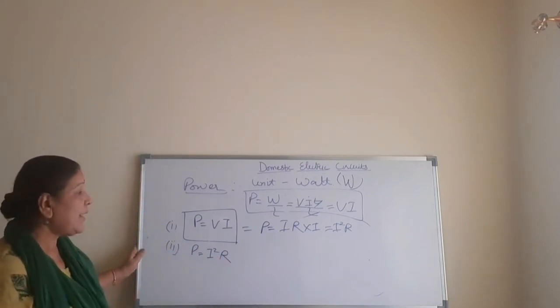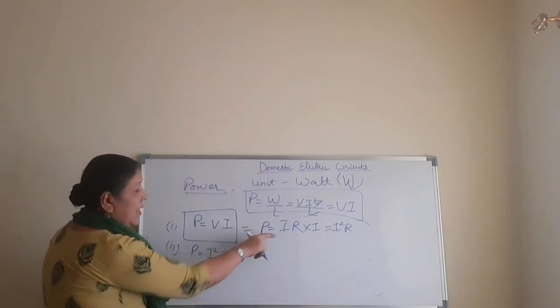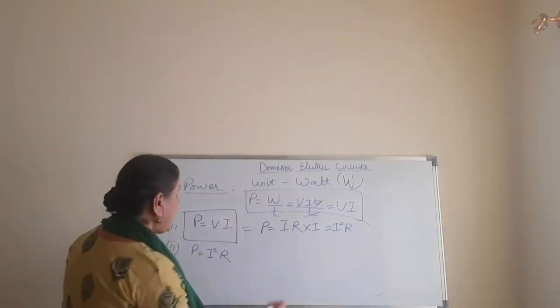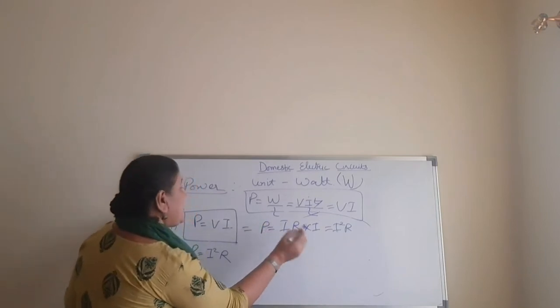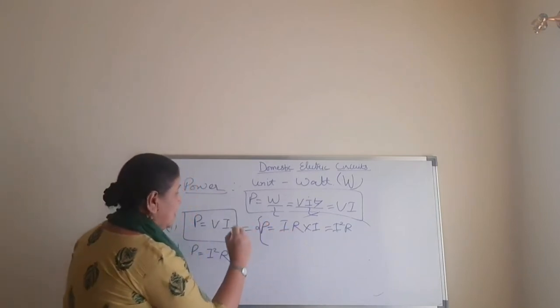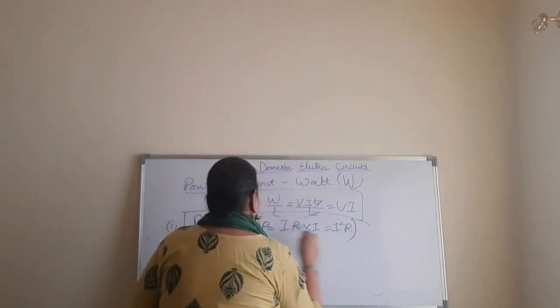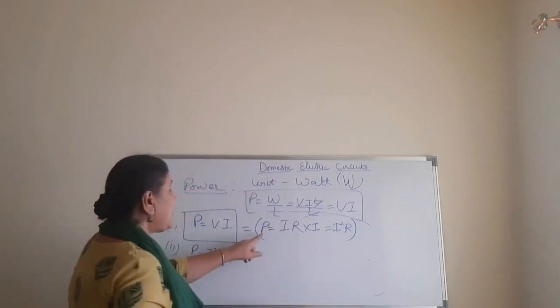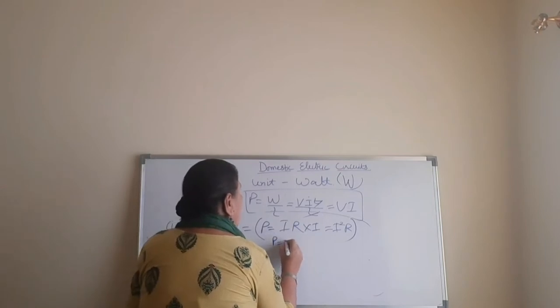I can also write instead of VI, if I change I, I'm going to put it like this so that it's easier for you to understand. Here, I can also write that P is equal to VI.